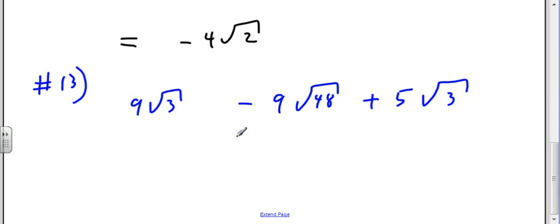All right, so I look at 48. That's 2 times 24, that's 2 times 12, that's 2 times 6, that's 2 times 3.